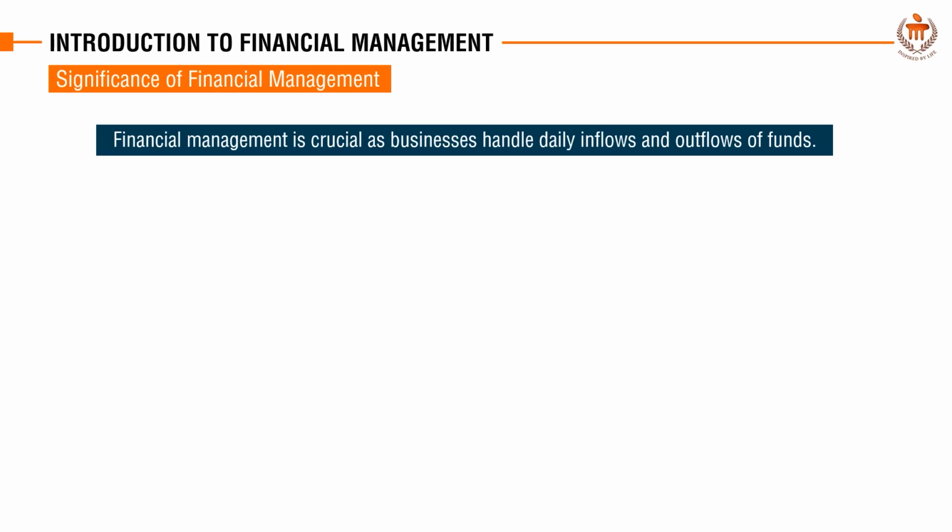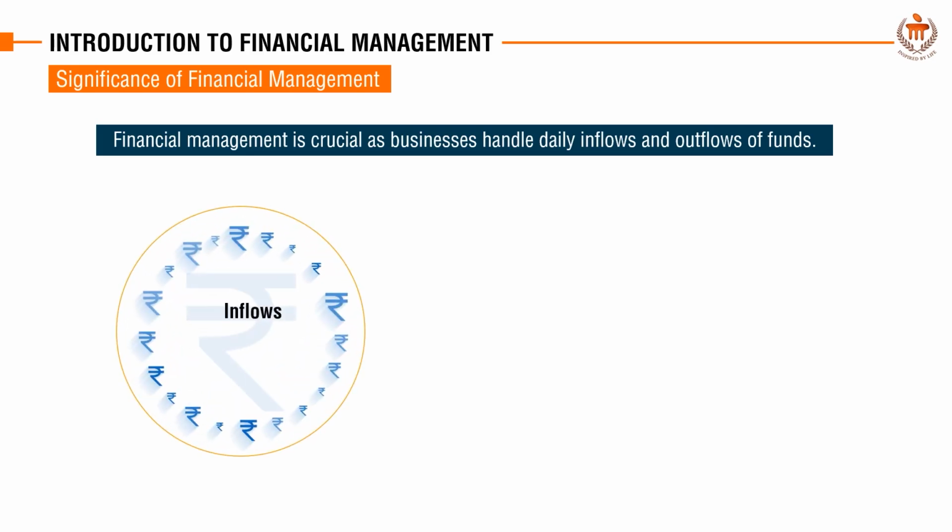If you look at a business organization or a business enterprise, you may find that it is a collection of a variety of flows of funds. Whatever the business may be, it has a lot of money inflows and outflows on a daily basis. Inflows. What are the inflows of funds to a business organization?